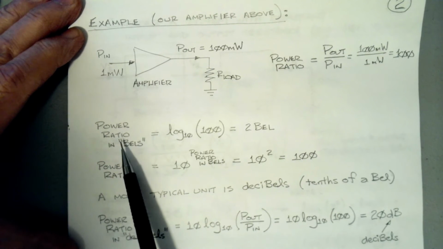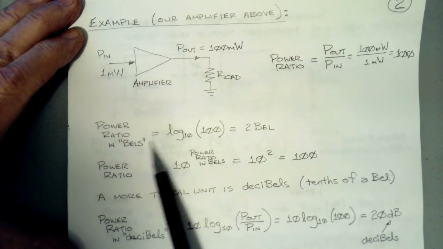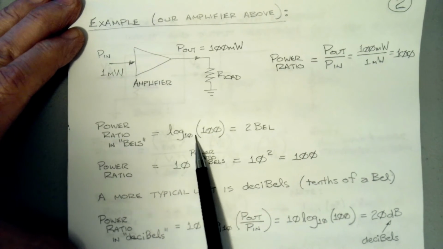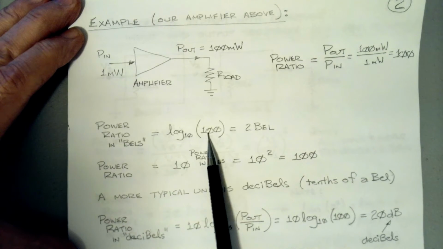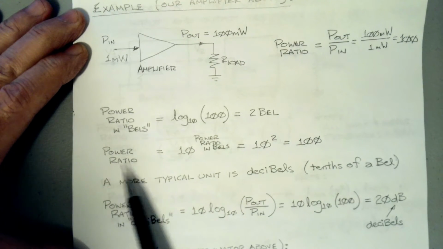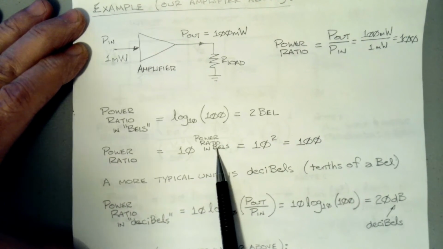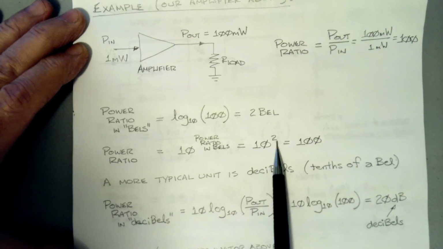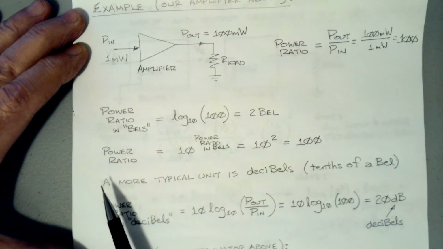If we were to do this in Bels, we would say that the power ratio in Bels is the log to the base 10 of the linear power ratio, or 100, and the log to the base 10 of 100 is 2. That's 2 Bels. And we can say the power ratio is equal to 10 to the power ratio in Bels, or 10 to the 2, and that gives us 100. So that's how that works.